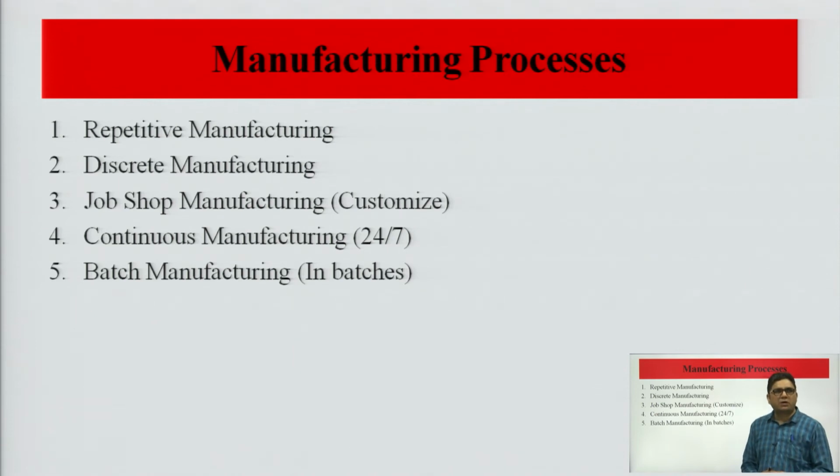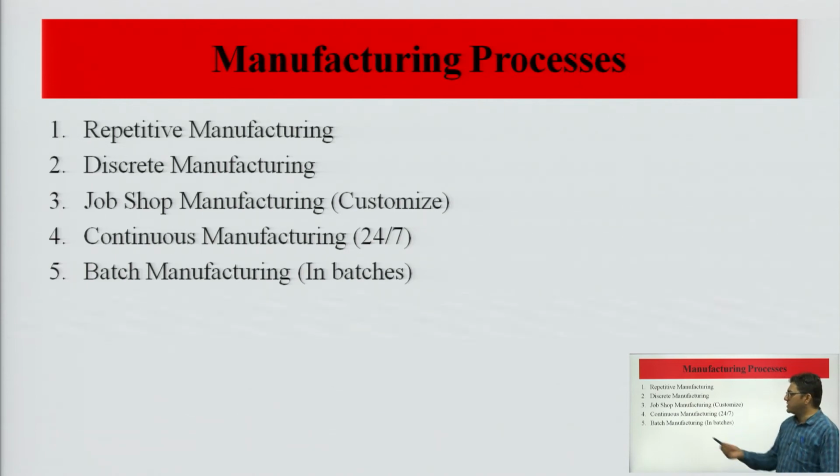Next, it is about discrete manufacturing. Discrete manufacturing is where we are using different products. Unlike the earlier one, repetitive manufacturing, here in each process our method of manufacturing is going to be different; it will not be similar. Maybe because our product is different or a little changed compared to earlier, we will have to modify or change our manufacturing setup or framework.